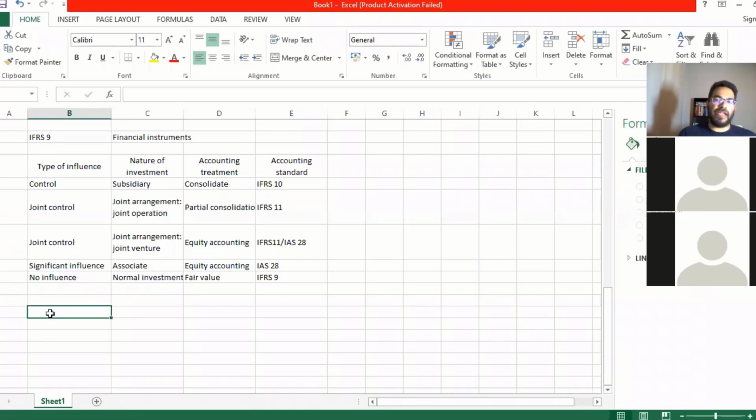You have to constantly tell yourself, whatever I'm going to tell you now. So when you work through a group accounting question, constantly apply this method till it becomes automatic, so that when you read a scenario, without even looking at the required, you already know what needs to take place.